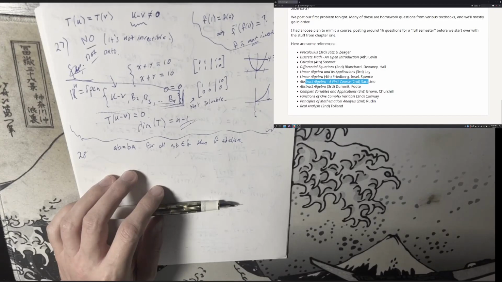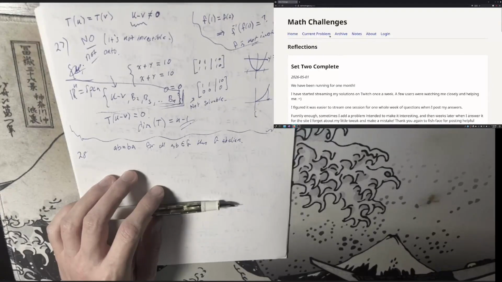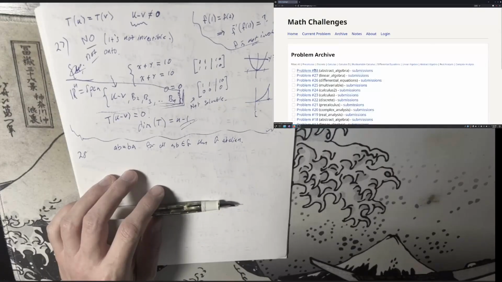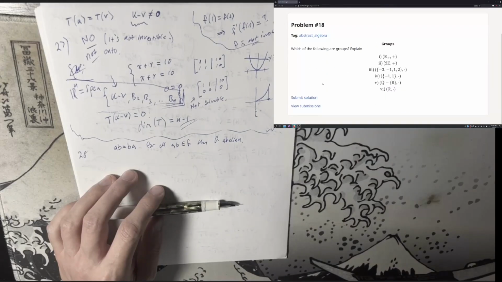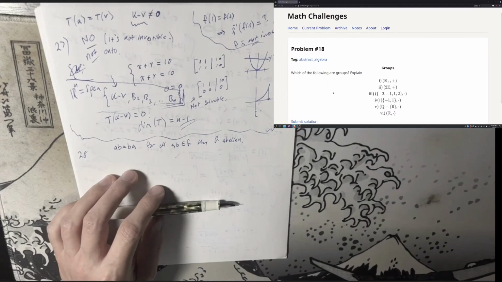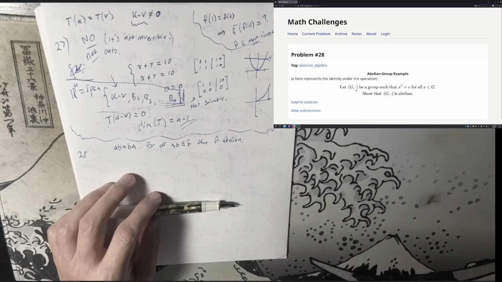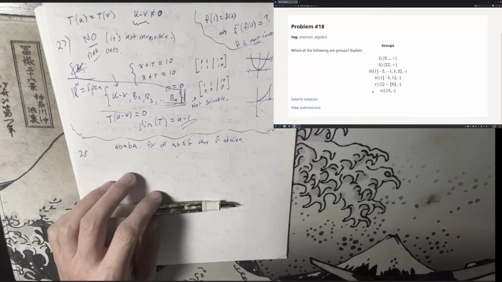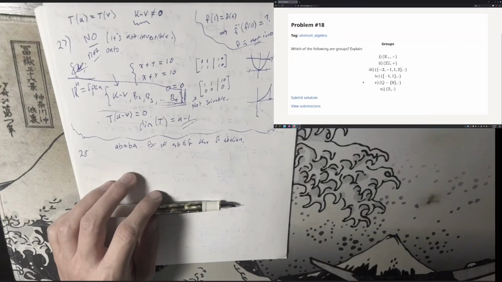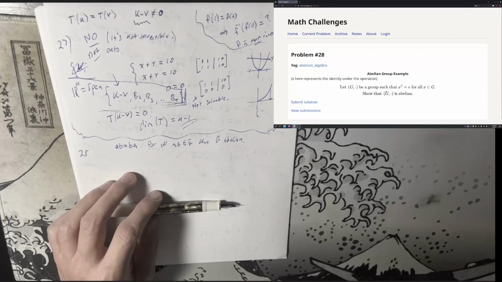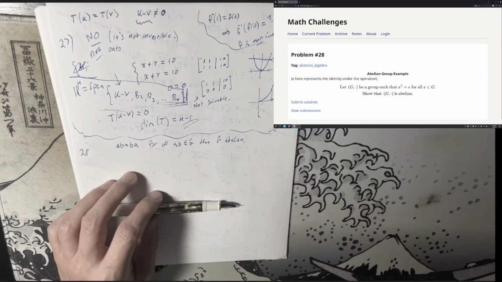I generally stole all these homework questions from here, and I'm just posting them, and then I'm going back and doing them. So the algebra questions, these are all coming. This is chapter 2 of Saracino. This one's from chapter 3 of Saracino, when he's finally starting to talk about groups. Actually, wait, this one was about groups too, huh? Yeah, this was just basic definitions of groups. This one we're talking about identities and being abelian.